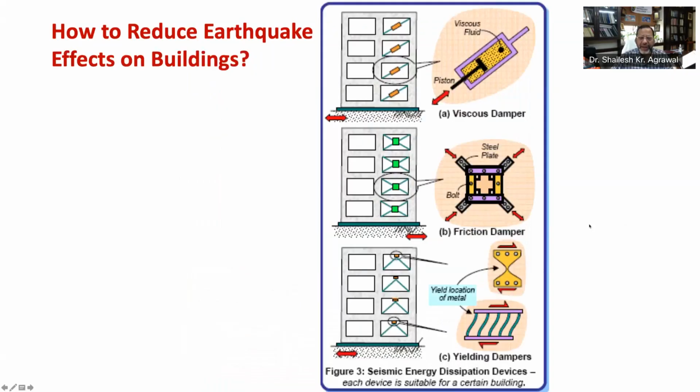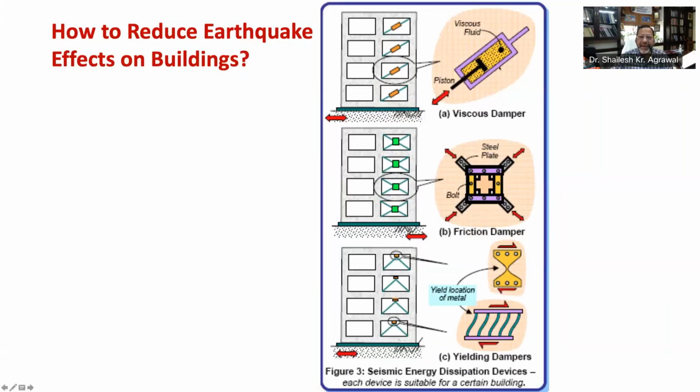Now let's move to another technique, that is seismic damper, and let's understand this technique through this figure. Installing seismic dampers in place of structural elements such as diagonal braces helps in controlling seismic damage in the building and improving their seismic performance.